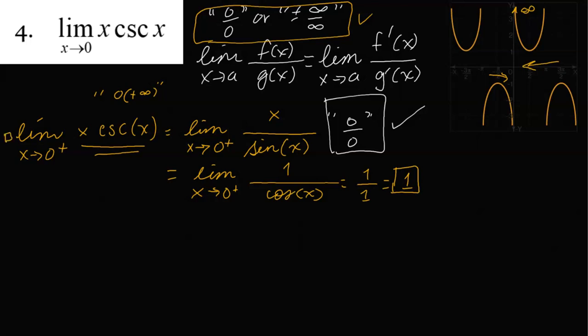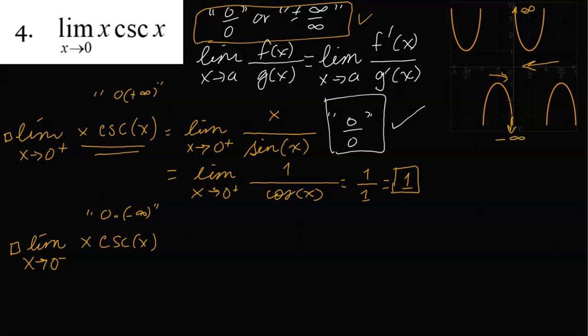Now we want to make sure that when we are approaching 0 from the left, it is also going to be 1, otherwise it doesn't have a limit at 0. The left-hand limit and right-hand limit have to be the same. So it's the same thing here. I have 0 multiplied by negative infinity, because when we are approaching 0 from the left, the cosecant goes down to negative infinity.